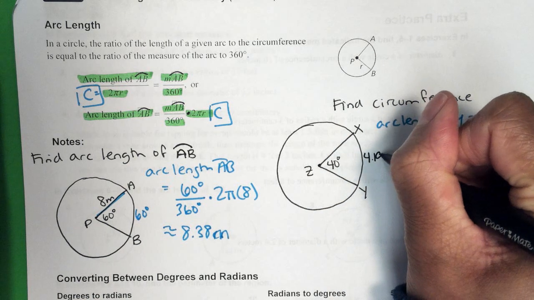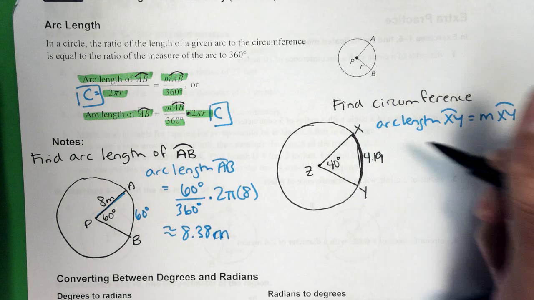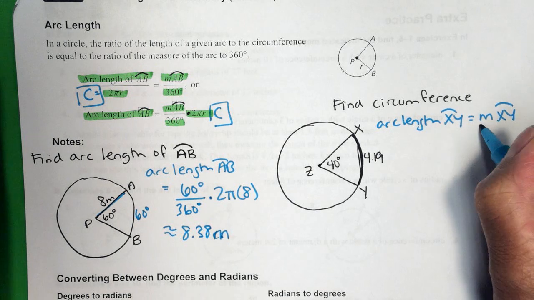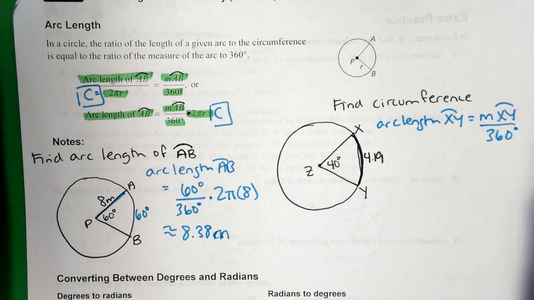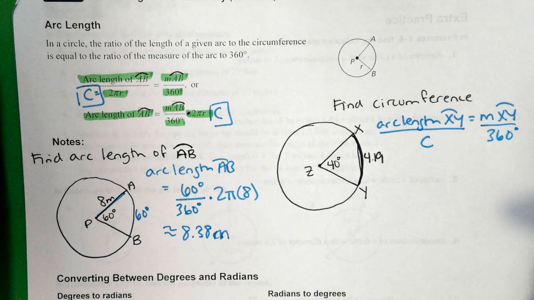This is 4.19, that's how long this is. So I have the arc length of xy over the measure of xy divided by 360 degrees, and the arc length is all over the circumference, which is c.